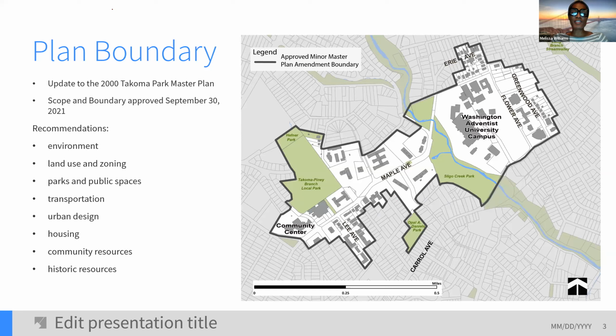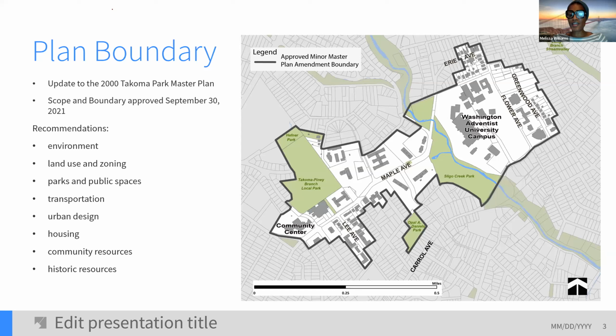The scope and the boundary were approved by the planning board in September. So that's the official start date. Many of you may have seen or heard about that planning board session. That's where they set the study area. They also set the plan area boundary, and there was a lot of back and forth where they talked about what should be included and what should not be included in the plan boundary.